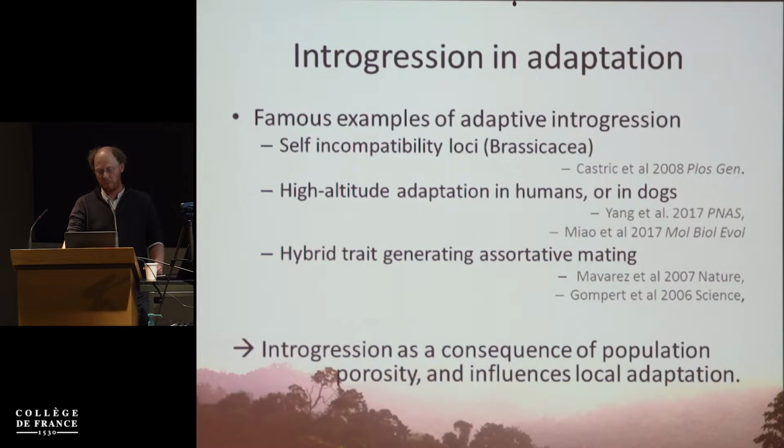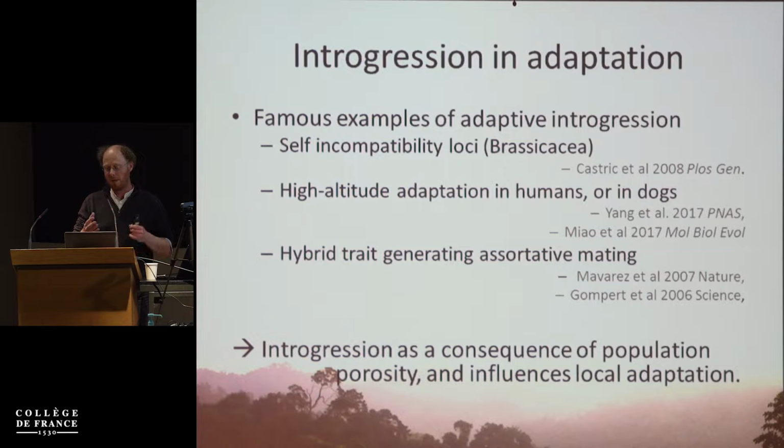And we have famous examples of adaptive introgression, an adaptive role for loci which flow between species or taxa, like self-incompatibility loci in Brassicaceae, where some alleles can cross species boundaries and have a very great advantage in the new species, or in the host species.